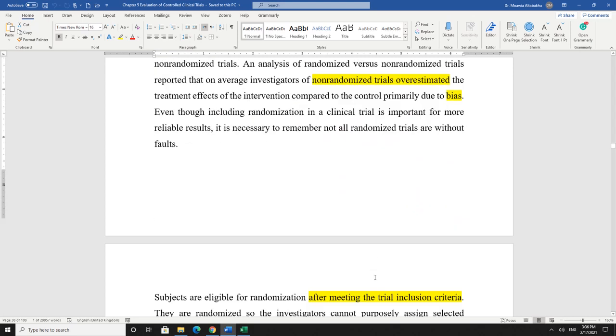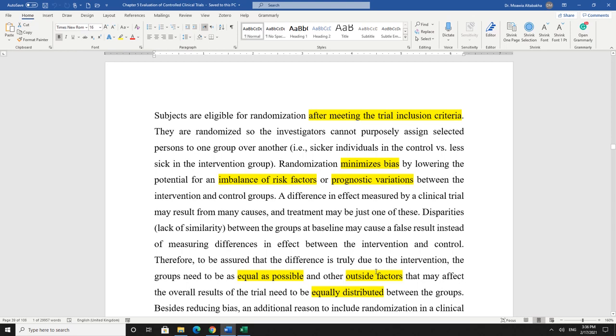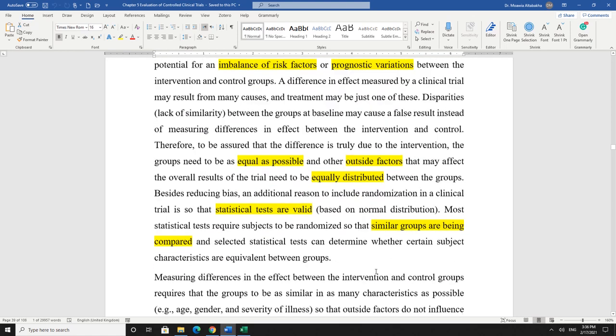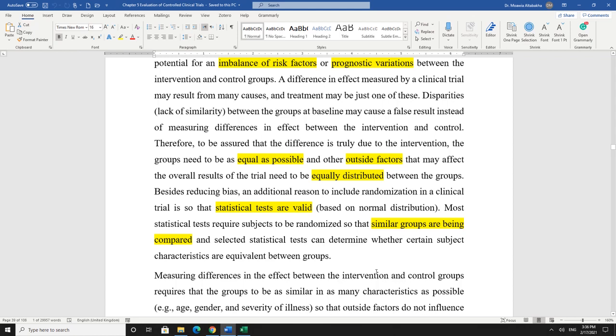The first one is simple randomization. Before I talk about simple randomization, let us focus on something. Number one, I want to have an equal number of subjects in the two groups, and this is usually the case.